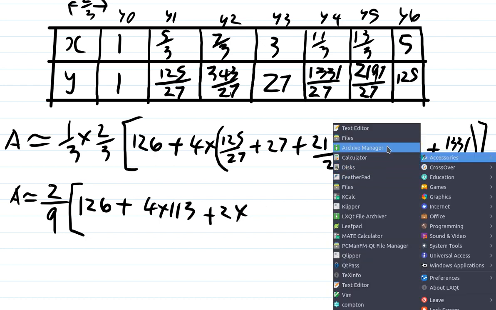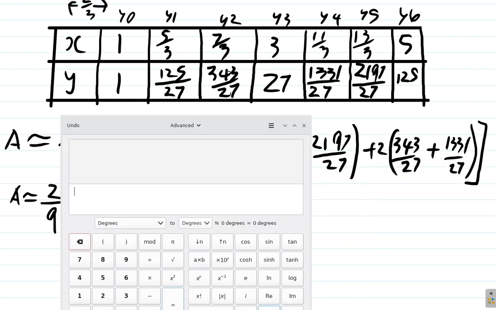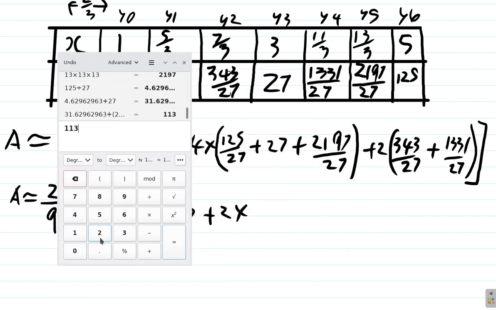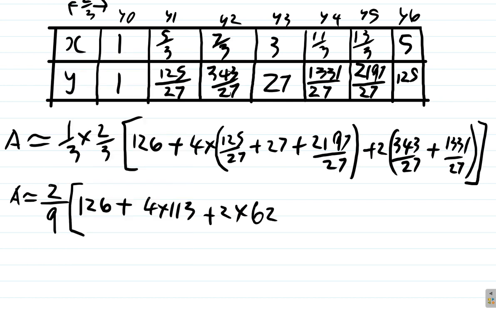Now what will that one give us? Let us see. We have 343 over 27 plus 1331 over 27 equals 62. We have 62 here. So it's 2 over 9 times.